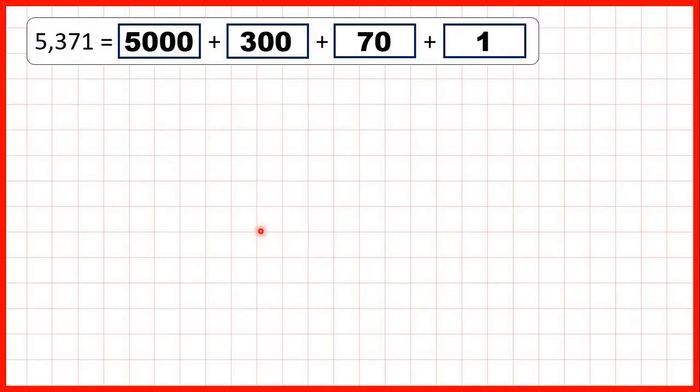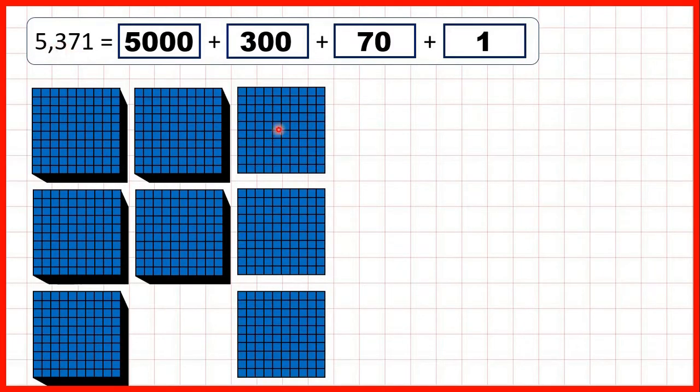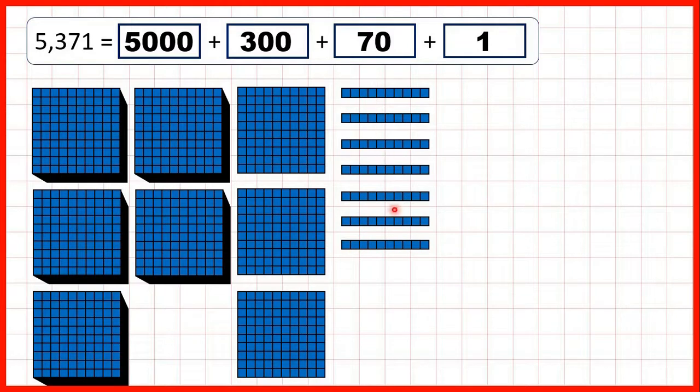So let's take a look at the numbers we've partitioned a bit more closely. First, we partitioned 5,371. So we knew that this 5 was in the thousands, so stands for 5,000. This 3 in our hundreds, we can show 300 blocks. This 7 is in our tens, so we can show 7 tens, and this 1 in our ones just represents 1.